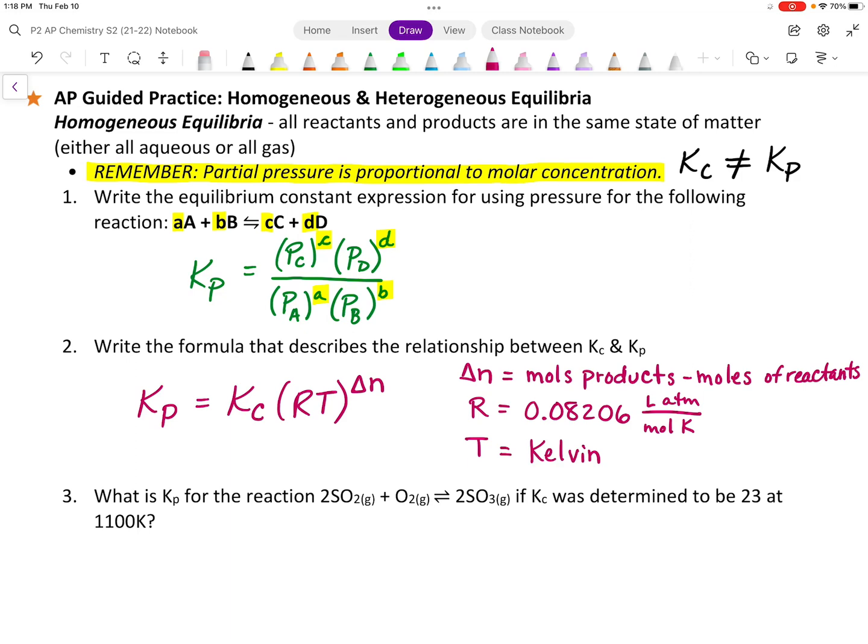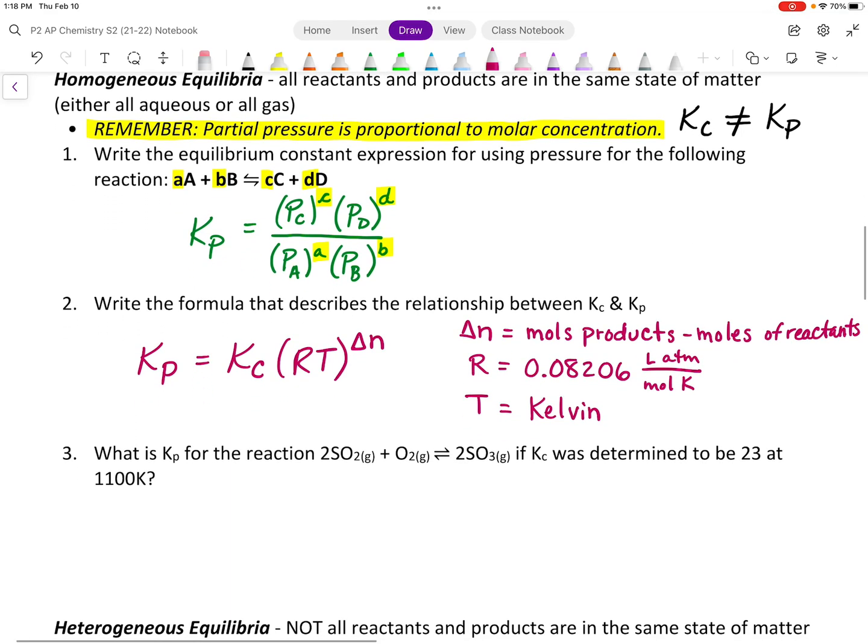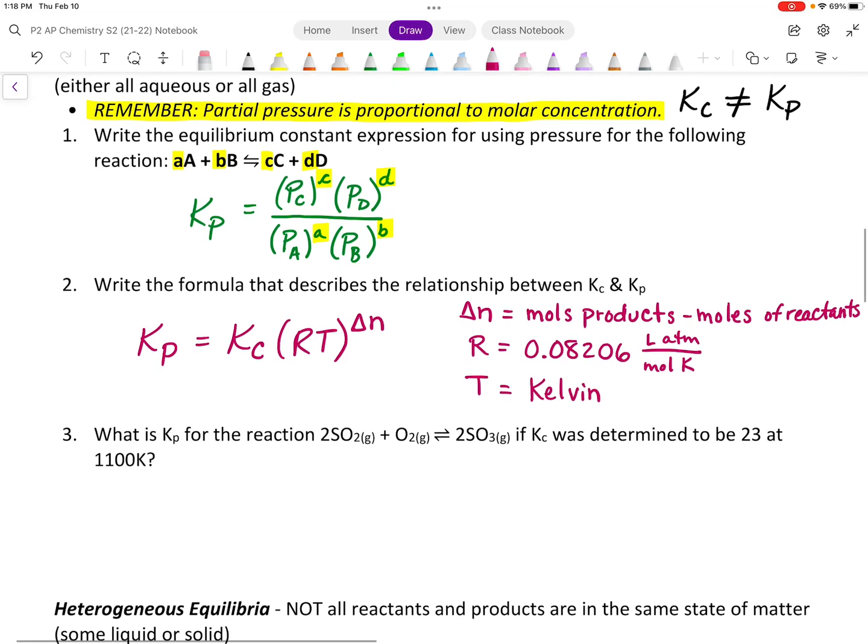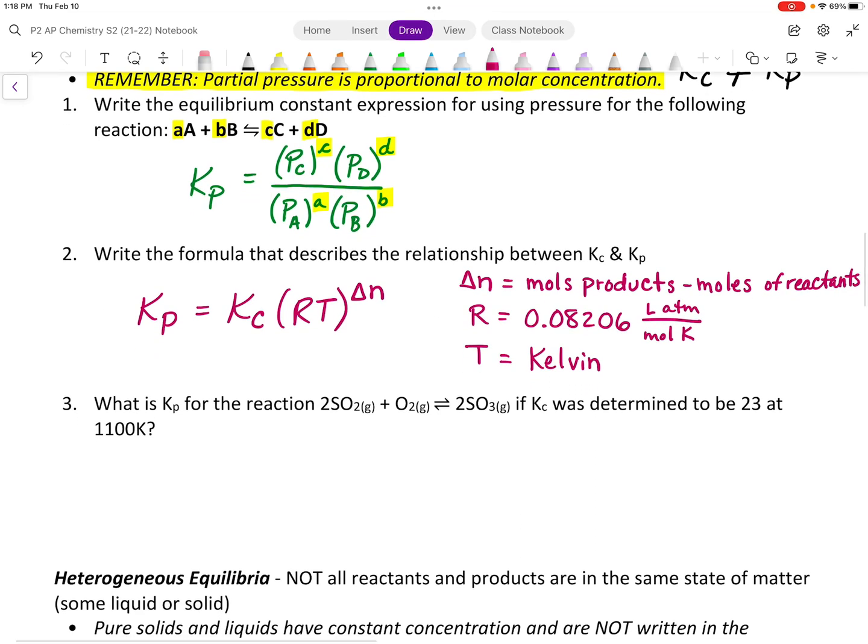Okay, so let's go ahead and work a problem. So this one asks us, what is the Kp for the reaction if Kc was determined to be 23 at 1100 Kelvin? And so we're going to actually solve for Kp. So let's put those numbers in.